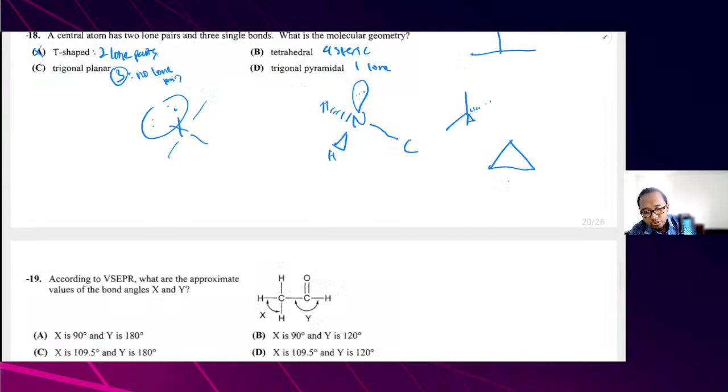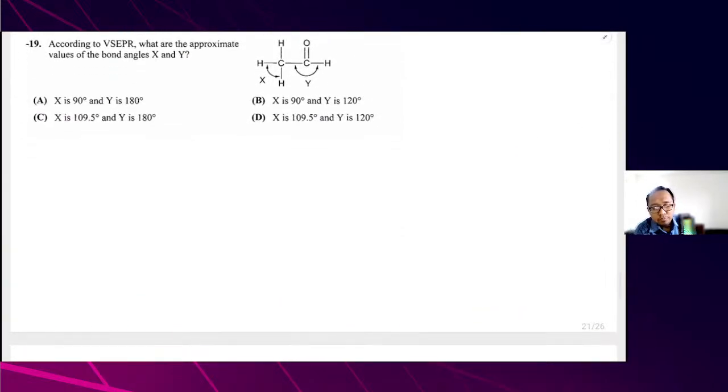According to VSEPR, what are the approximate values of the bond angles X and Y? Just remember, sometimes it's 90, 180, or 109. Sometimes less than, and sometimes 90.